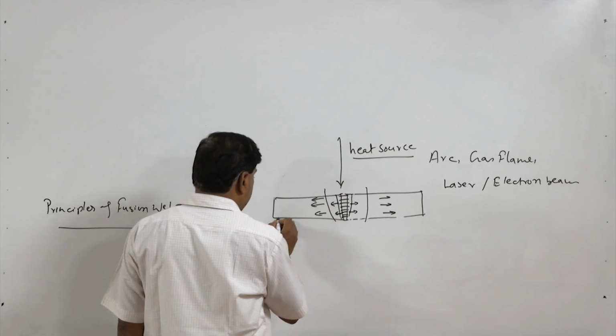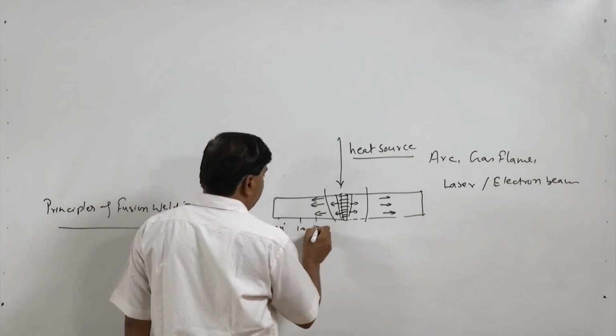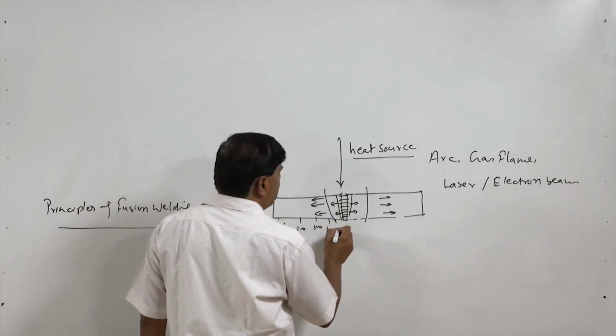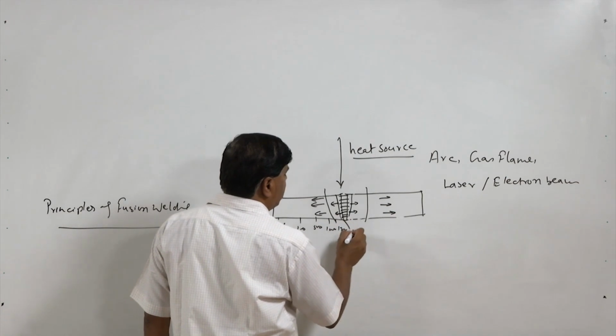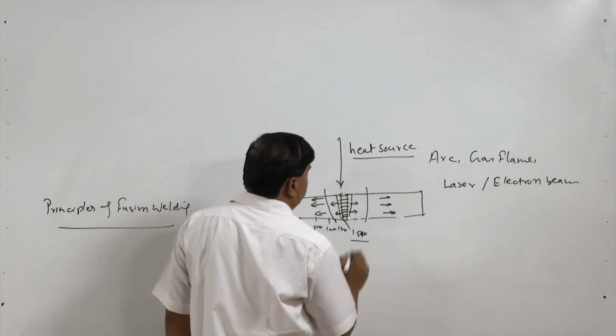Say here it may be 24 degree, then 100 degree, 500 degree, 1000 degree, likewise say 1200, say 1500 in case of the steels, or 1540 degree centigrade.